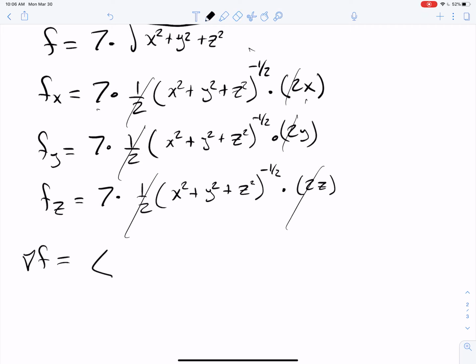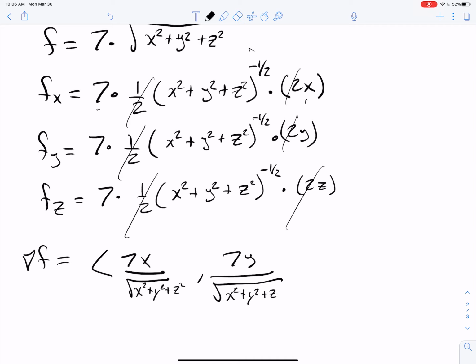okay, so 7x, so I'm just going to write 7x over, I can even write that with a square root, x squared plus y squared plus z squared, 7y over the square root of x squared plus y squared plus z squared, and then 7z over the square root of x squared plus y squared plus z squared.